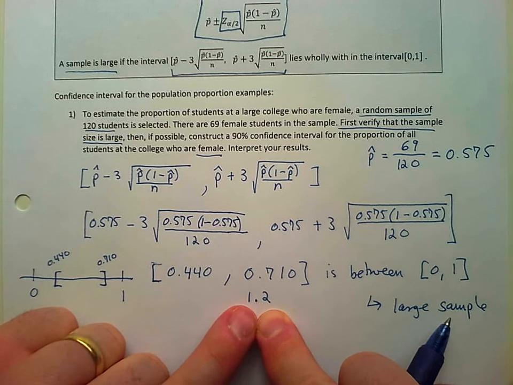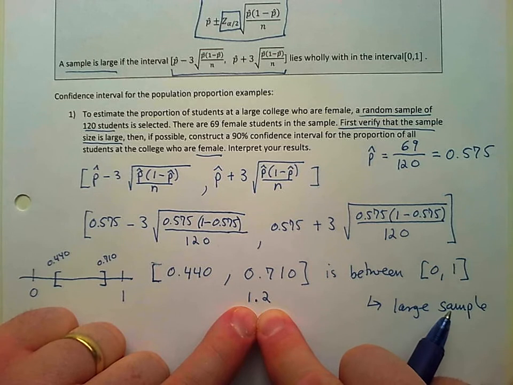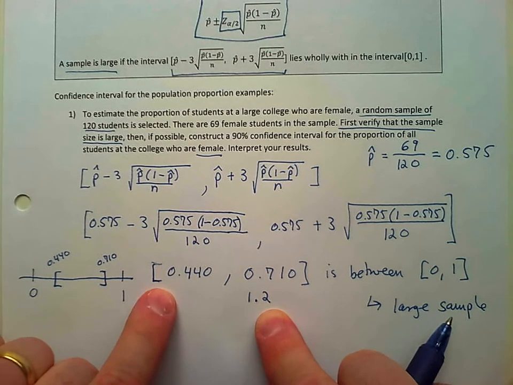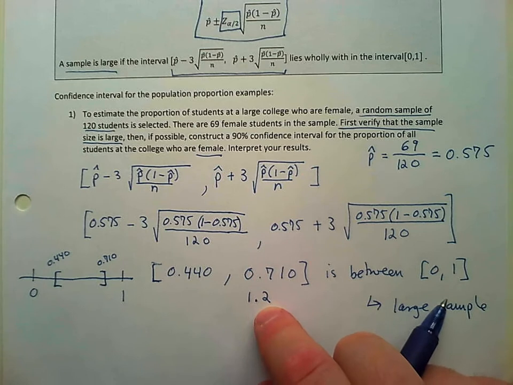That doesn't make any sense, right? Like if I asked you what proportion of people in this sample were female, and you told me that 120% of people in the sample were female, that doesn't make any sense. The only time that it would make sense is if you gave me a proportion that was somewhere between 0 and 1.